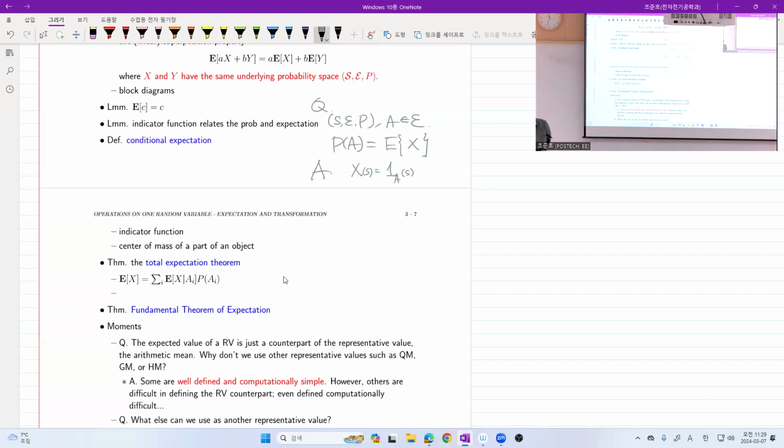Why? Let's see. So according to this definition, you have 1 sub A, right? Now, what is this one? Let's use our definition: the integral of 1 sub A of S dP(S).